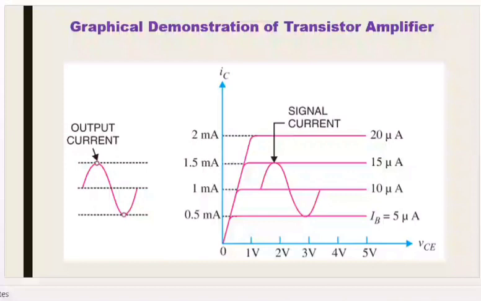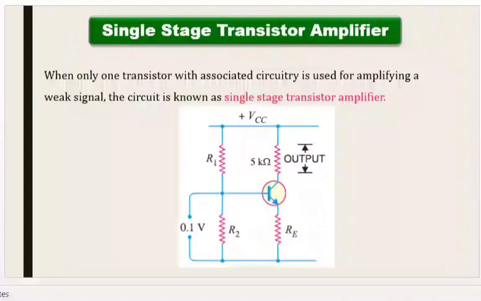So you have to know how to analyze this single stage amplifier. Once you analyze how a single stage amplifier circuit works, then you can apply the same concept to multi-stage amplifiers and practical circuits, even complicated circuits.